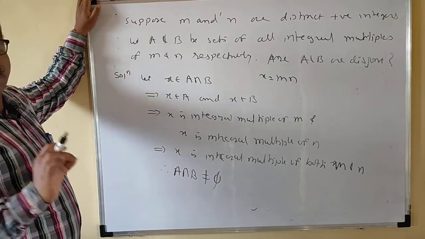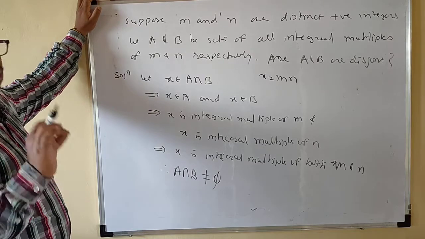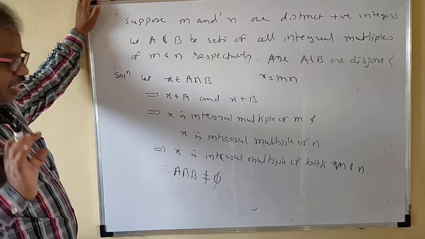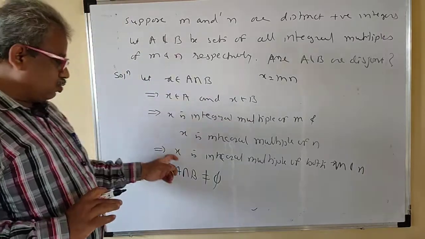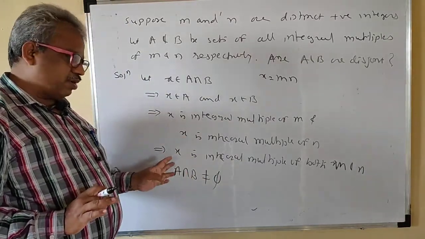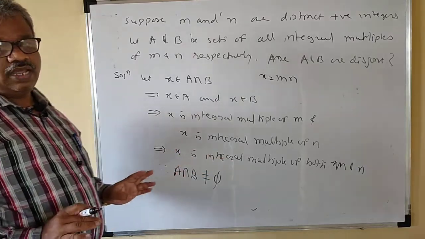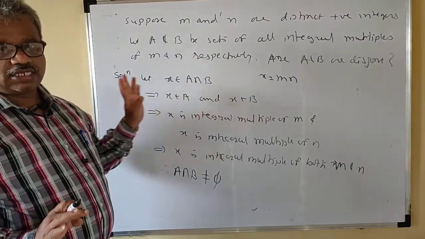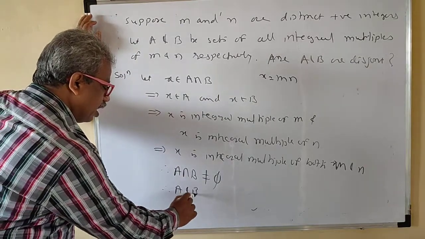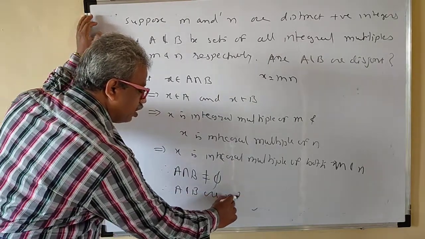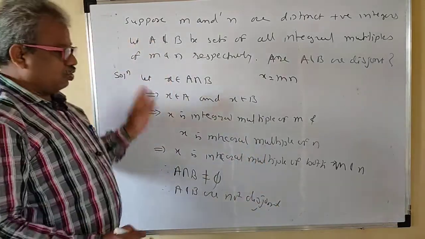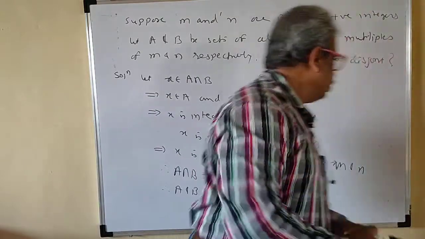If you want to show that a set is not empty, show that at least one element is there. Therefore A and B are not disjoint. This is your answer, so the problem is over.